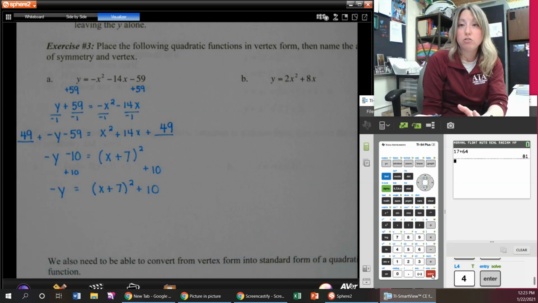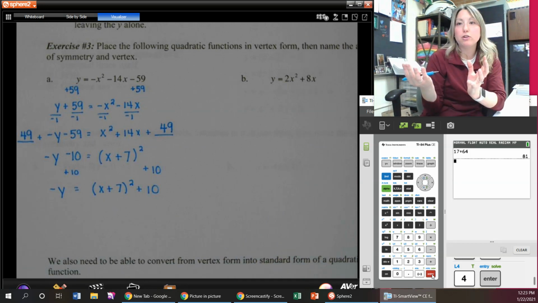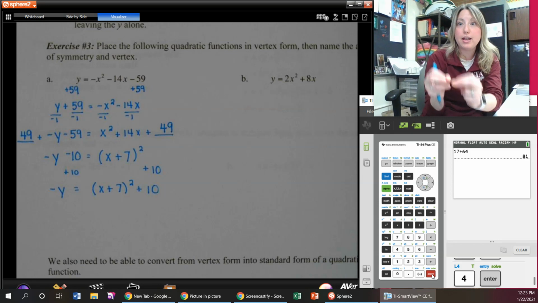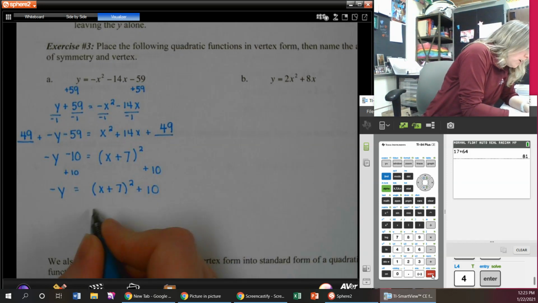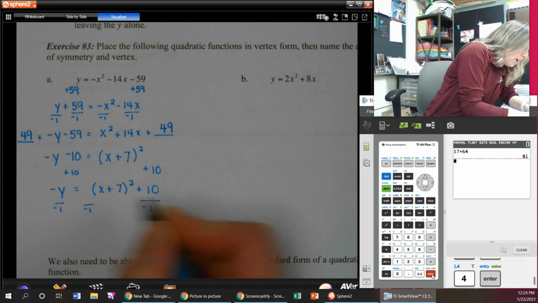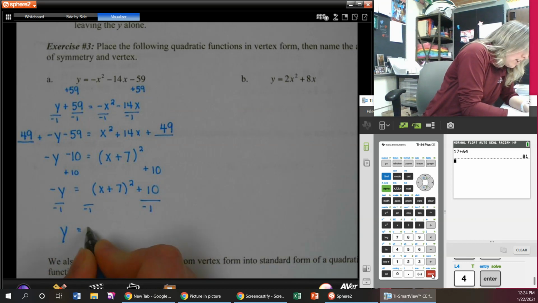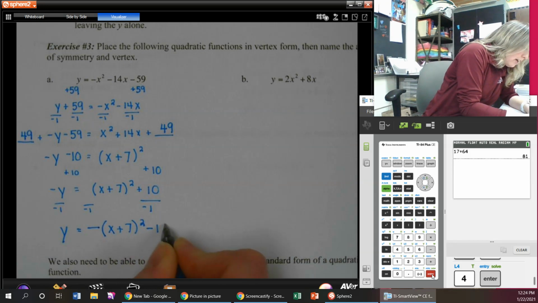It's just going to change the signs around the binomial. Once you've got the binomial squared, what's inside it doesn't change. Now on the outside, we're dividing everything by negative 1. It becomes a positive y, a negative in front of the binomial squared, and a minus 10 out here.